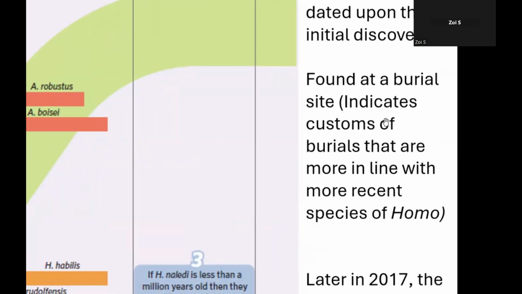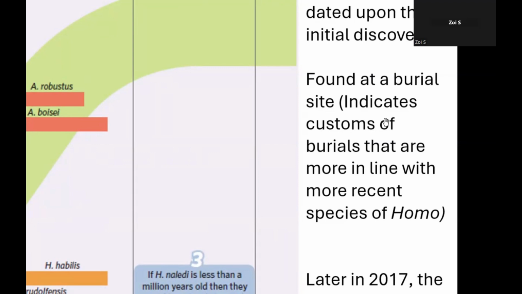Basically, the area around the fossil indicated that it was an actual burial site, which indicates customs of burial that are more in line with more recent species of Homo, right? Not something that existed around the time of Australopithecus, but something that existed around the time that genus Homo was thriving. So let me try to explain this in a better way.